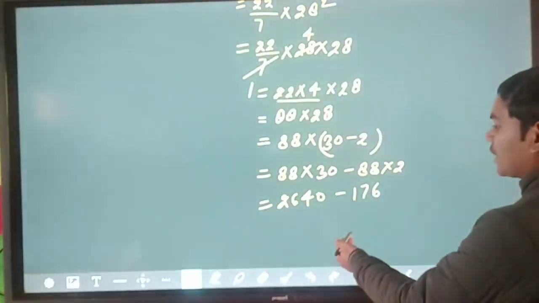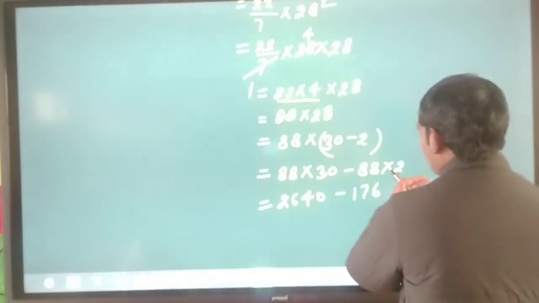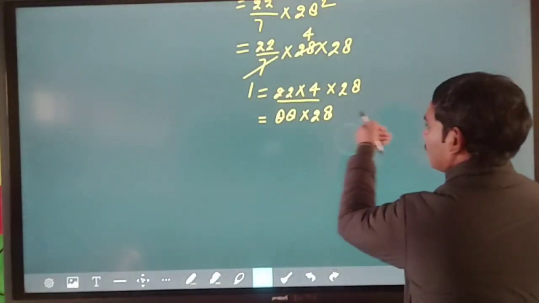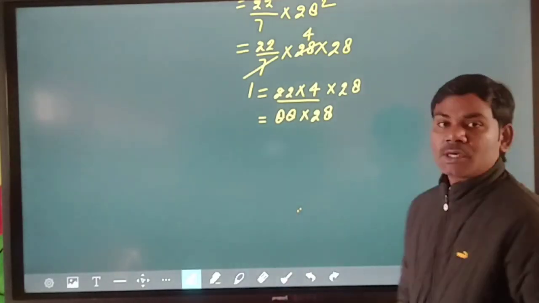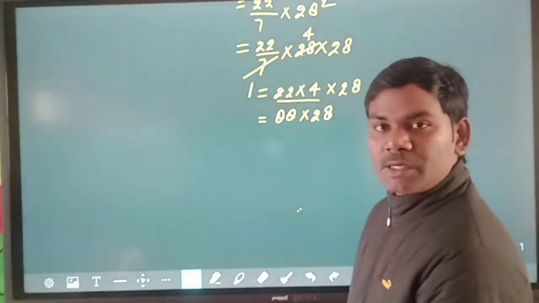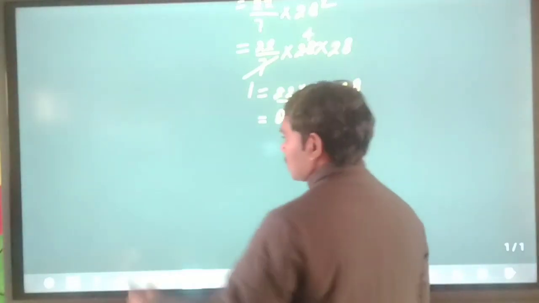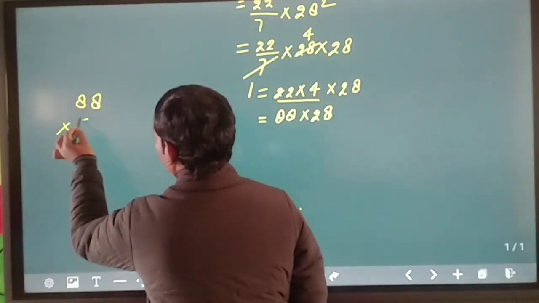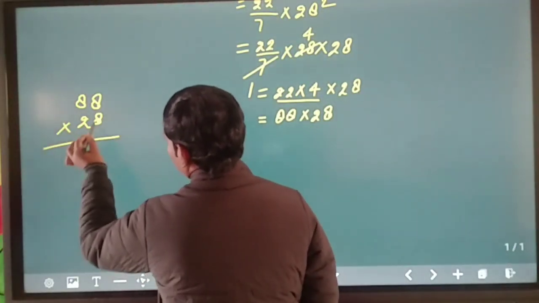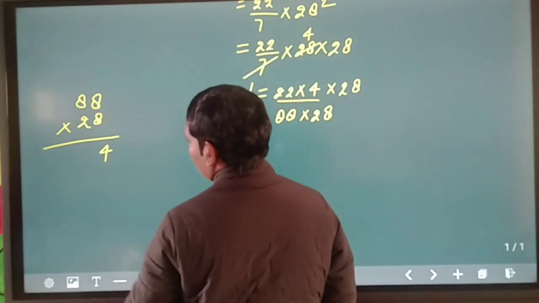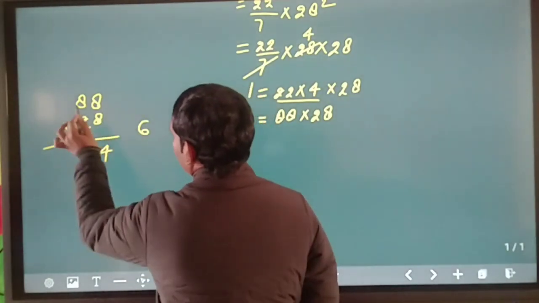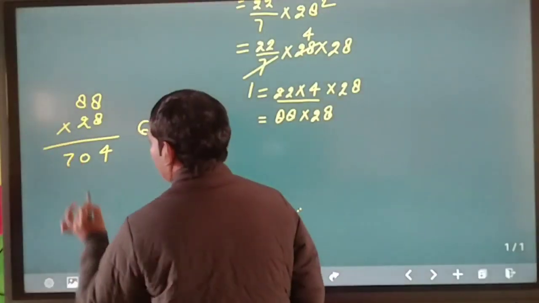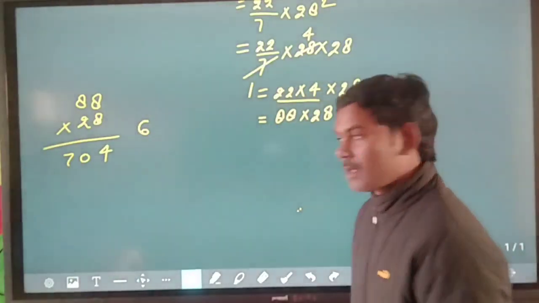Or if you have any problem, then multiply directly. I think there is no need to use the distributive property. We can directly multiply 88 by 28. 8 times 8 is 64, carry 6. 8 times 8 is 64, and 6 is 70. Is that clear?